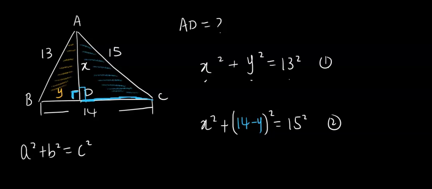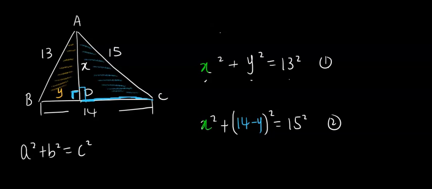Now, we see both of them have x squared with coefficient 1. So if I subtract these two equations, I will be able to eliminate the variable x and focus on solving variable y.